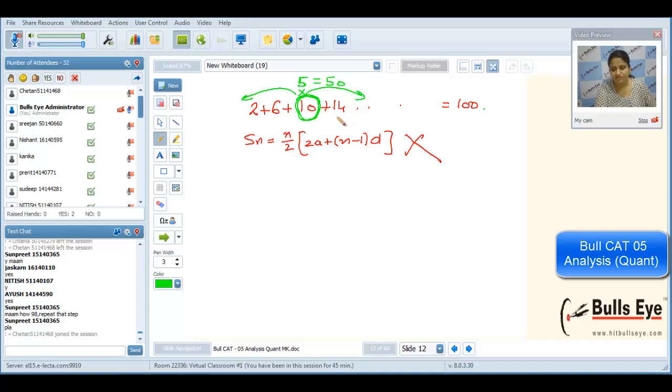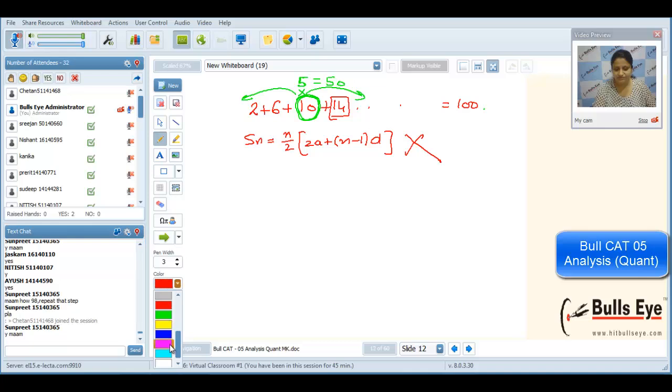So I am moving further. Now I am taking 14. Are you getting me, Sanpreet? So I am taking 14 now. If I take 14 to be the middle term, before 14 we are getting 3 terms. After 14 we will take 3 terms. It means if we take 14 as the average, there will be 7 terms. Because 14 is the middle term. Middle term is the average in an AP. So if we want the sum of this AP, it will give you 98.